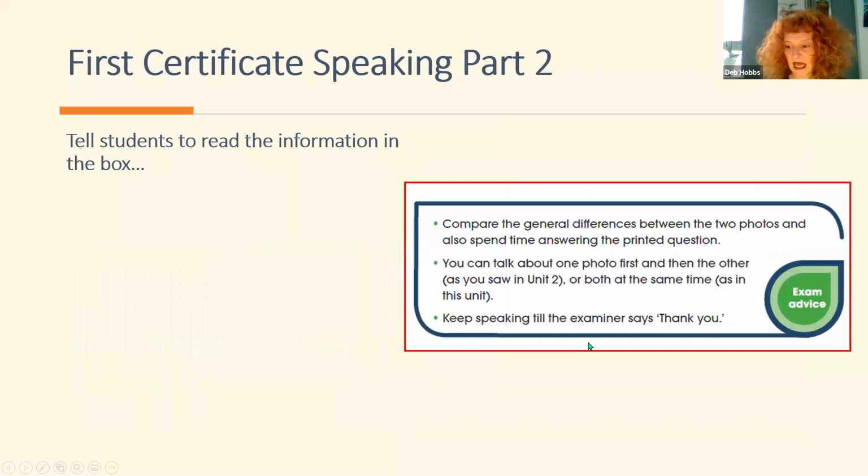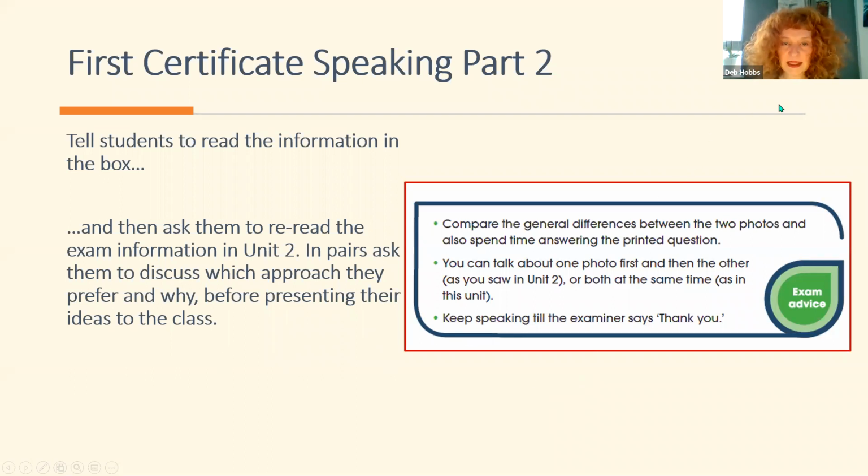Okay, this is an exam advice tip box from First Certificate Speaking Part 2. You can see here that it makes reference to another part of the student book, from a different unit, in this example, Unit 2.